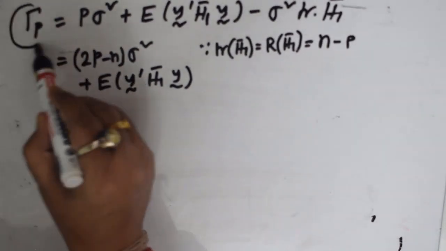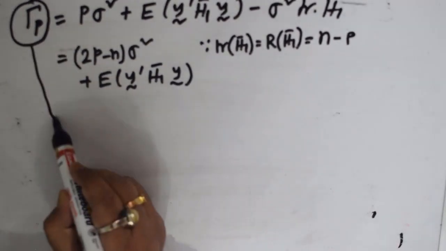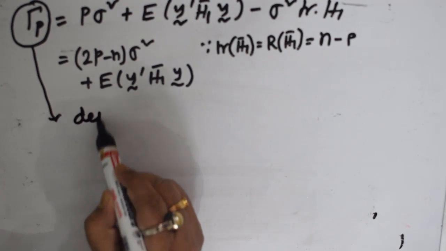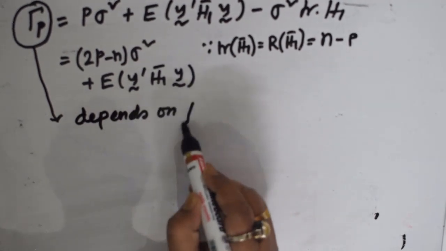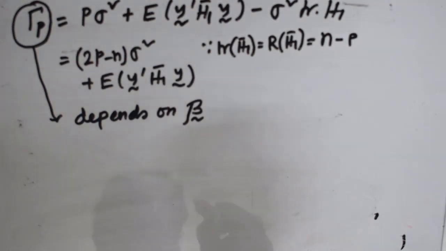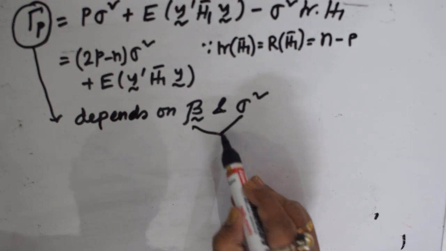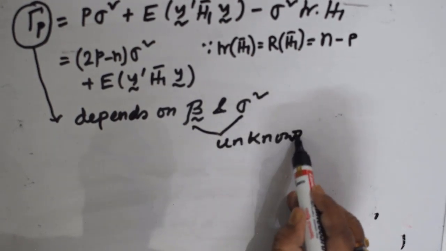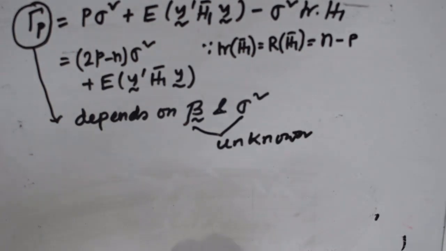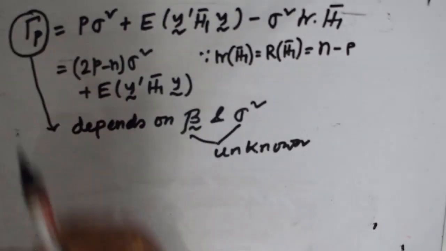Since this gamma p depends on beta curl and sigma square, both are unknown, we cannot use gamma p in practice.